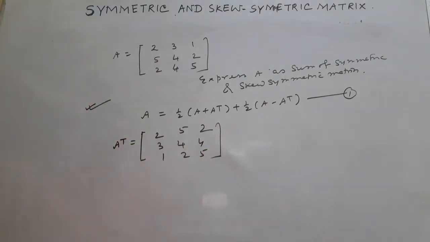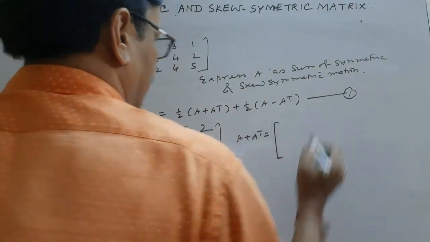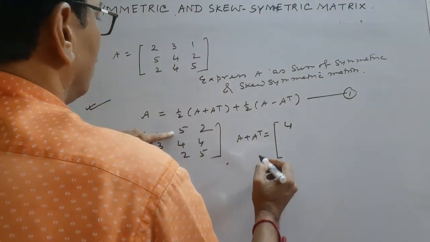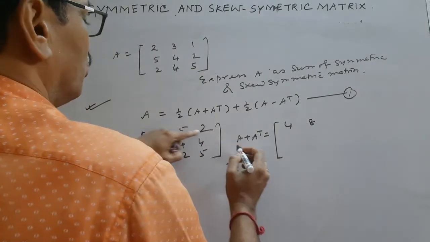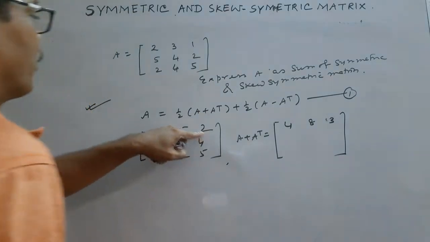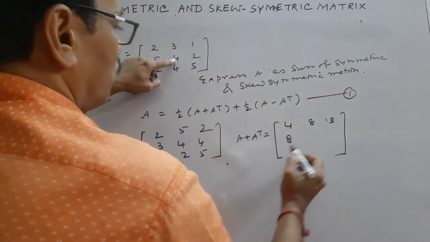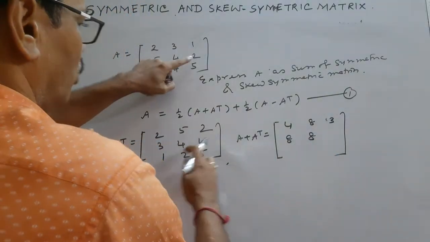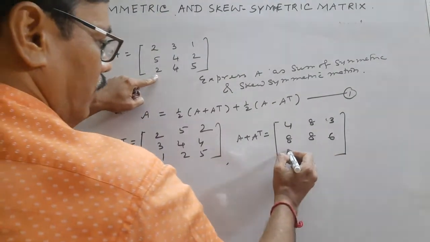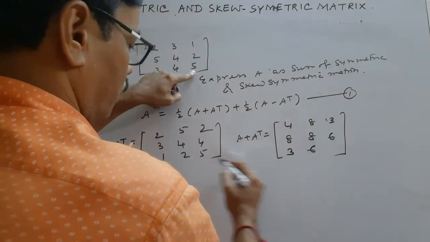So A plus A transpose: 2 plus 2, this is 4. 3 plus 5, this is 8. 2 plus 1, this is 3. 5 plus 3, this is 8. 4 plus 4, 8. 4 plus 2, 6. 2 plus 1, 3. 4 plus 2, 6. And 5 plus 5, 10.